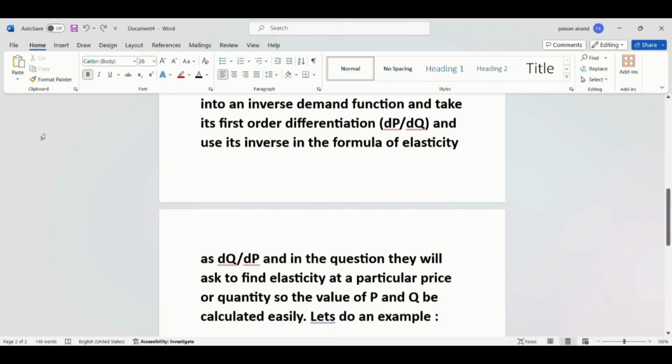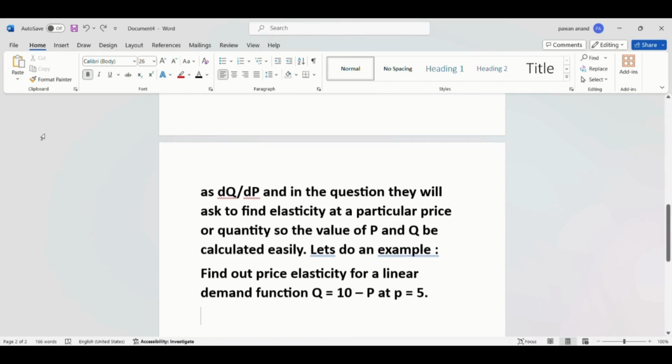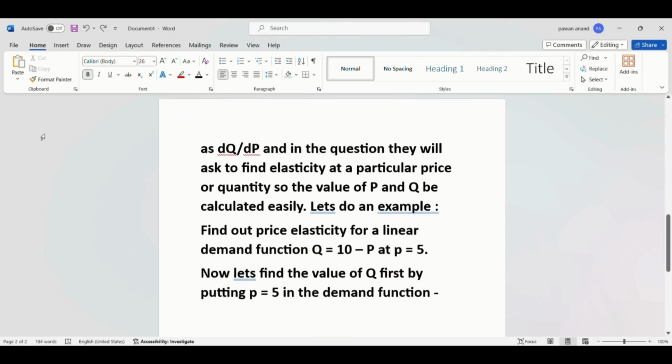Let's do an example. The question is, let's say, find out the price elasticity for a linear demand function Q is equal to 10 minus P at P is equal to 5. First of all, let's calculate the value of Q by putting P is equal to 5 in the demand function.